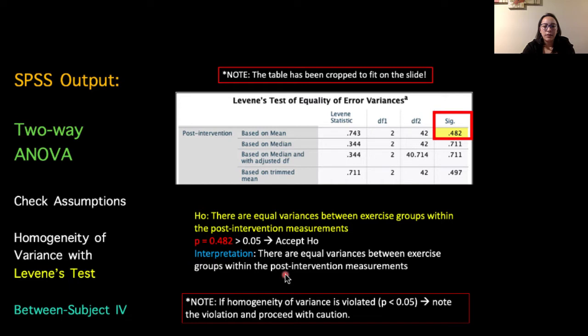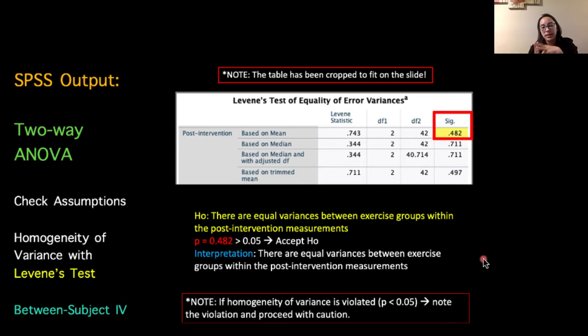Now, if you end up having all of your p-values being greater than 0.05, I still want you to report each p-value and attach it to whichever grouping that it's within, but you could phrase it into one lump, saying that there are equal variances between exercise groups within the pre-intervention, put the p-value for the pre-intervention measurements, mid-intervention, put the p-value with the mid-intervention measurements, and post-intervention, put the p-value for post-intervention, okay?